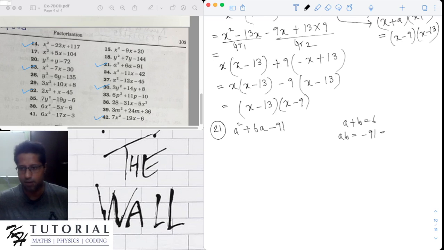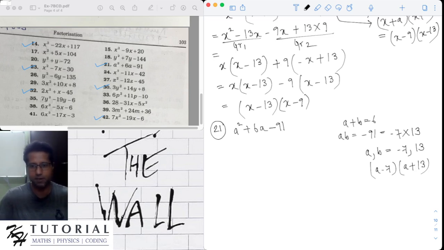So you can have minus 7 multiplied by 13. Now, if you add minus 7 and 13, it is equal to 6. So you can have a and b as minus 7 and 13. So if you want to factorize directly, the factorization will be a minus 7 multiplied by a plus 13.